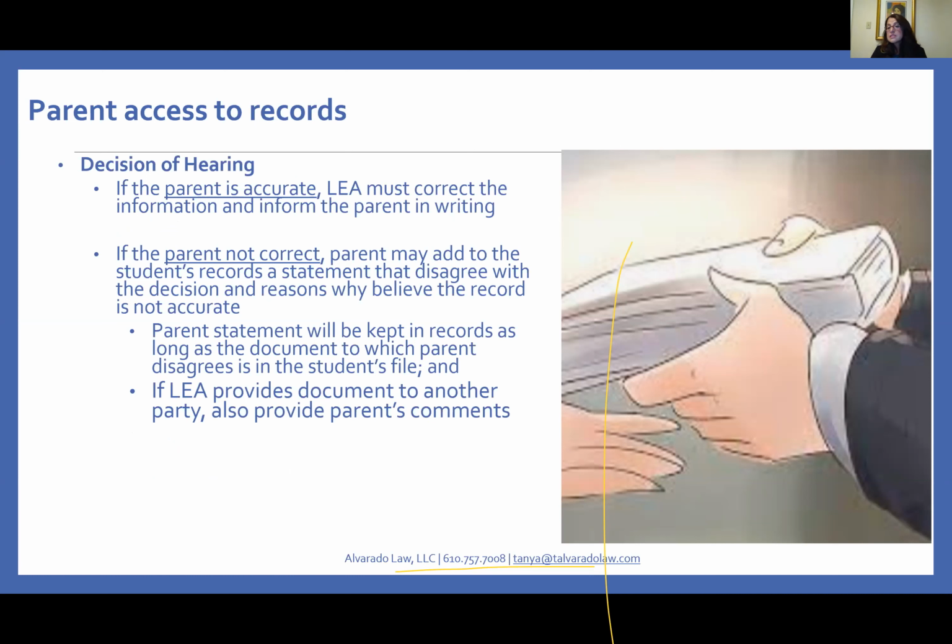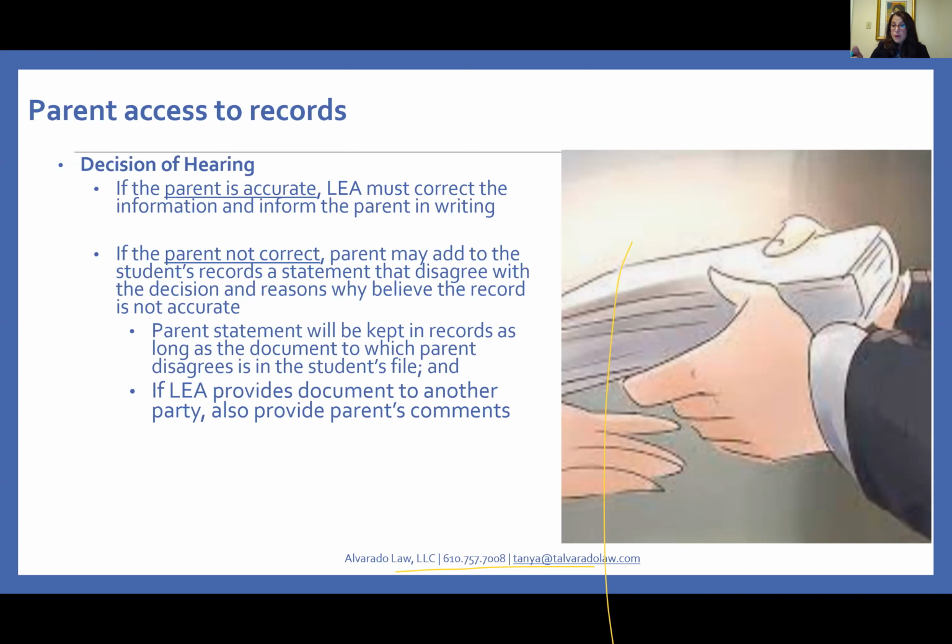If the school district says we don't think you've met the burden of showing that it's inaccurate, misleading, or violates another privacy right, the parent can still add information to the child's record stating, I disagree with this. You can identify what you disagree with, state why you think it's inaccurate, and ask that it be included in your child's file.